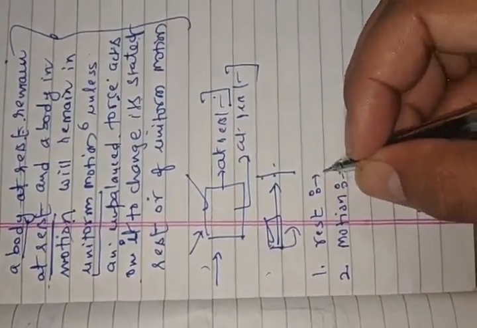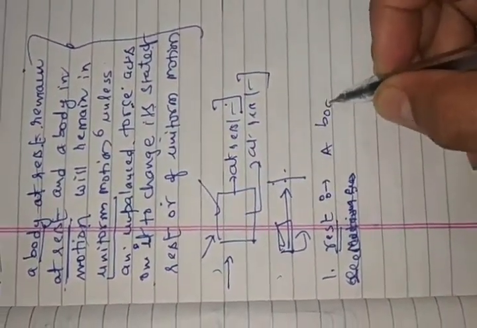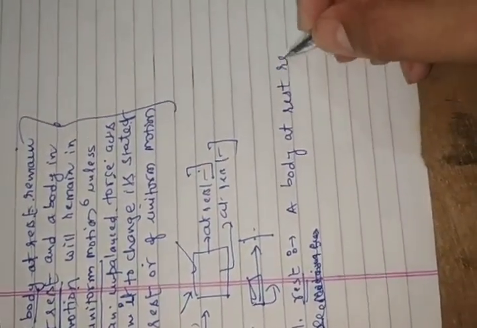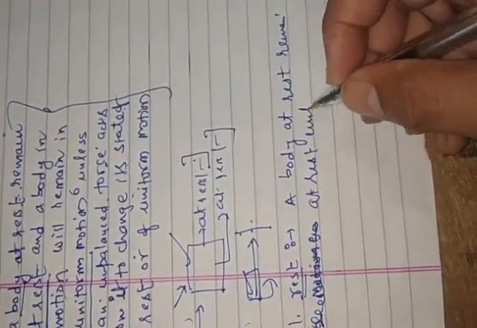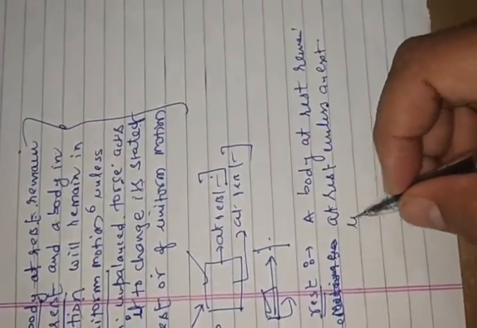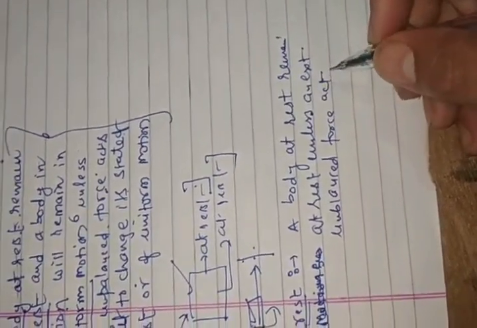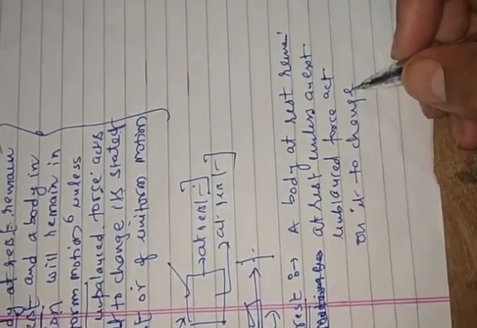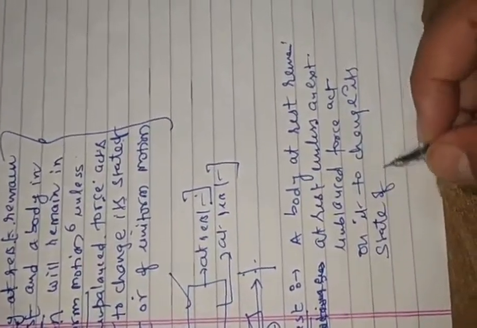Then you will form the statement like this. Statement for rest: a body at rest will remain at rest unless an external unbalanced force acts on it to change its state of rest.